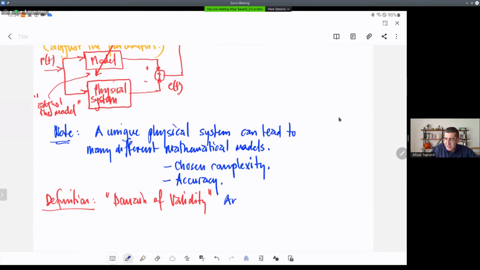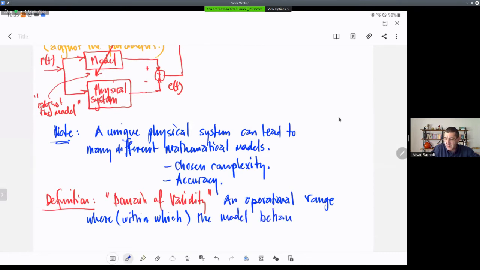An operational range within which the model behavior accurately reflects physical system behavior. Okay.